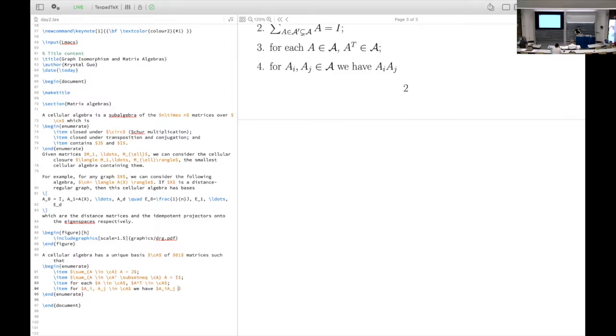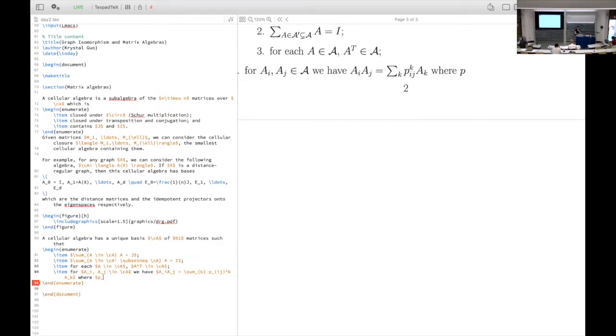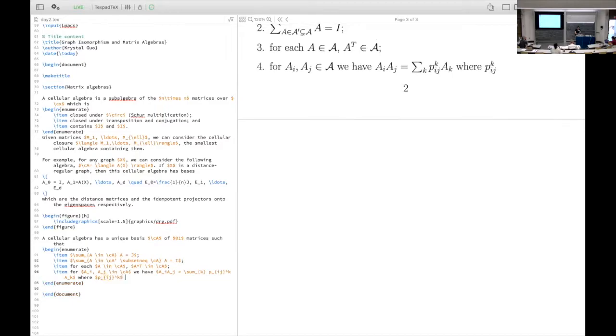So it should be a linear combination of the other A_k that are in script A. So this is equal to the sum over index K, and let's write the coefficients as p_ij^k, so that we look as much like an association scheme as possible, where these p_ij^k are constants. And the superscript K is not a power, it's just an index.